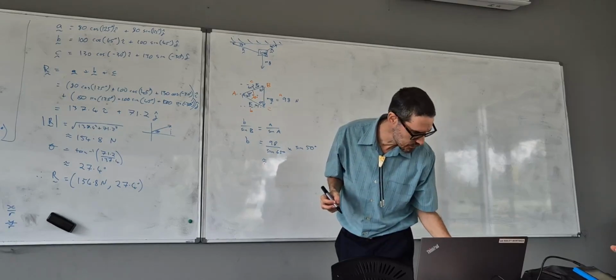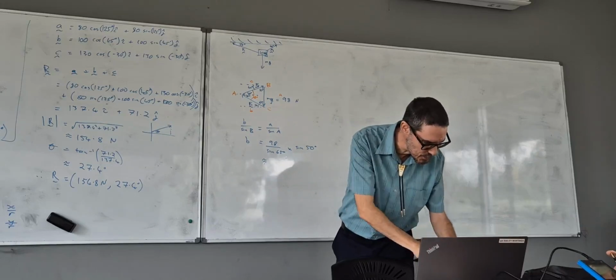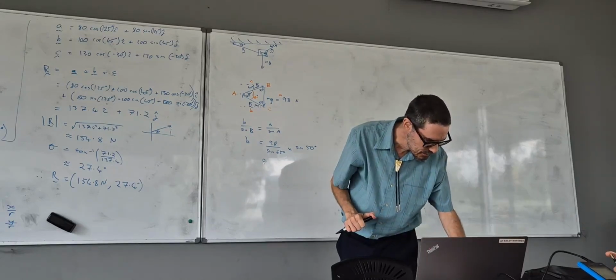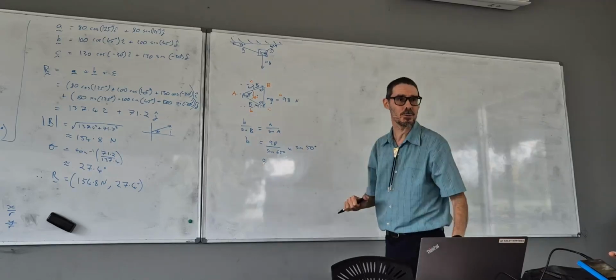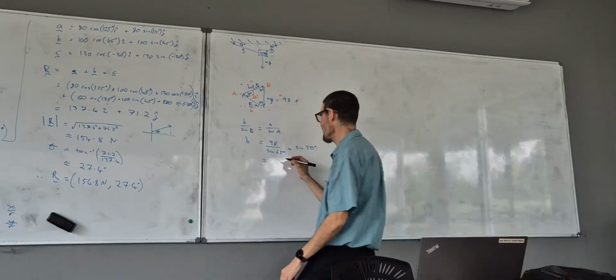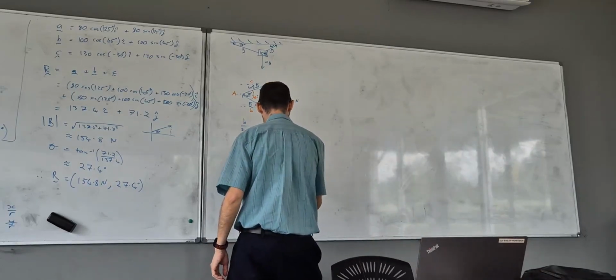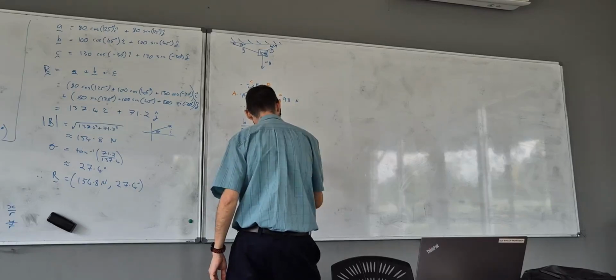Wait, force 1, force 2, which one did they work out? That's what I'm trying to work out. Okay, so they got 82.8. What did you get? 82.8. Oh, I did 80. Okay, I did it wrong. Whoops. Okay, 82.8 newtons.